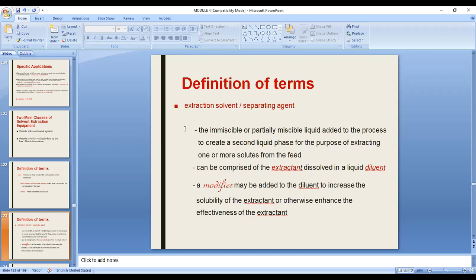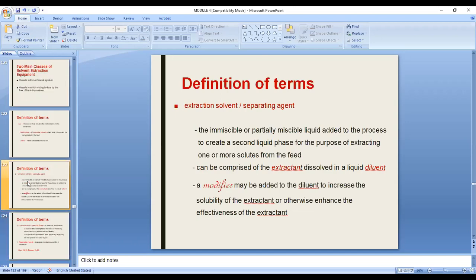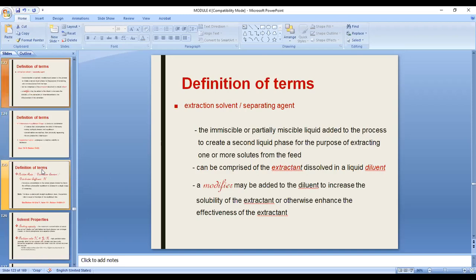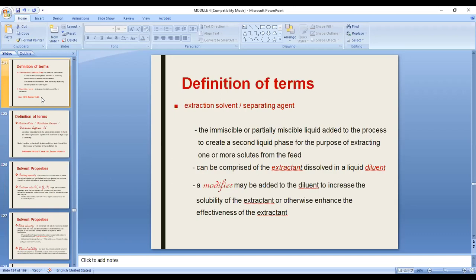Now, sometimes a modifier may be added to your diluent to increase the solubility of the extractant in it or to enhance the effectiveness of the extractant. But it's an added cost in some processes. That is why it's not being considered, unless there's no other way to increase the effectiveness of extraction. Now we go to the other terms here.